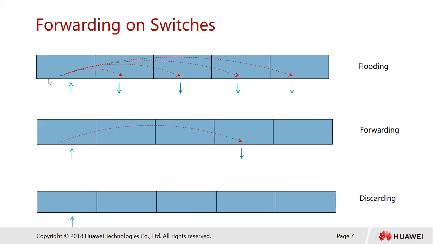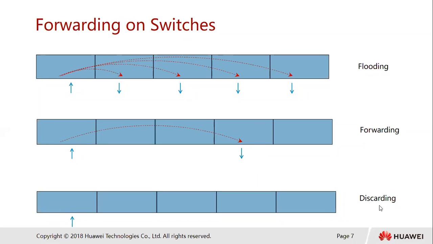So when it receives a frame, it opens that frame and checks the destination MAC address. Once it has checked, it will be able to forward that frame to the correct port, to the correct destination.